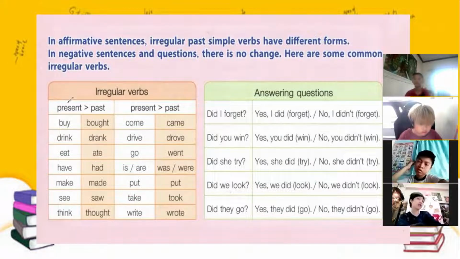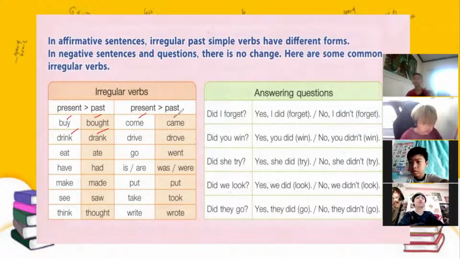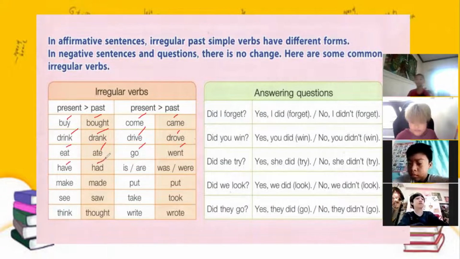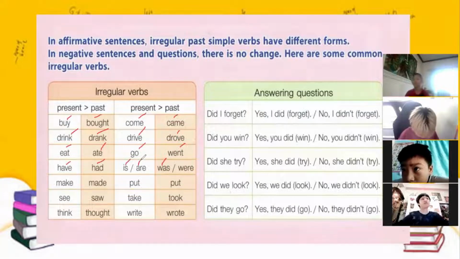As you can see, the present form of some of the irregular verbs is like buy. The second form is bought, drink, drank, come, came, drive, drove, eat, ate, go, went, have, had, is, was, are, were. These are all the first forms and the second forms.